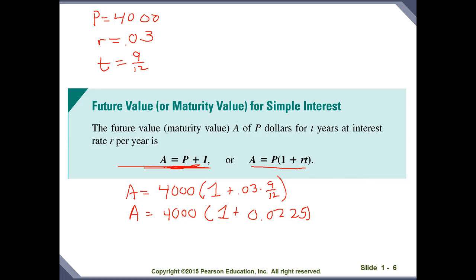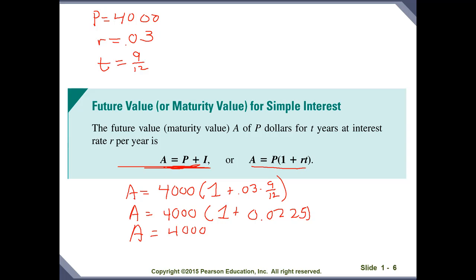Remember, we always use order of operations, or PEMDAS, if you remember that rather. That means we multiply and divide before we add, and we always do what's in parentheses first. So when we multiply 0.03 times 9/12, we get 0.0225. When we add that to 1, we get obviously 1.0225.